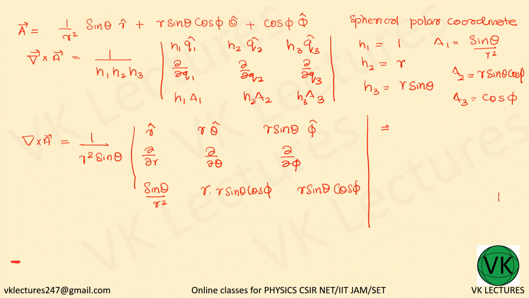Let us write down here r cap into dou by dou theta of r sin theta cos phi minus dou by dou phi of r square sin theta cos phi.